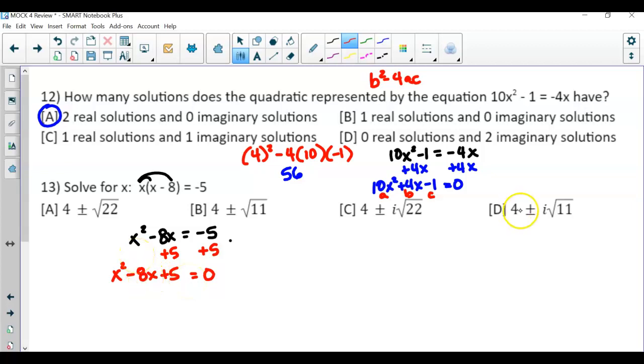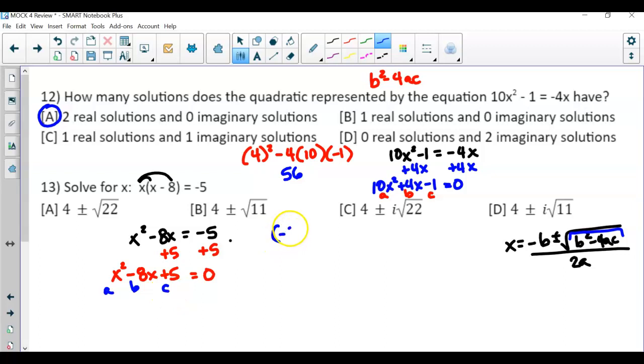I can also notice from my answer choices that we do need to use quadratic formula. x is equal to negative b plus or minus the square root of b squared minus 4ac all over 2a. So I'm going to first focus on the discriminant, b squared minus 4ac. So here's my a, b, and c.